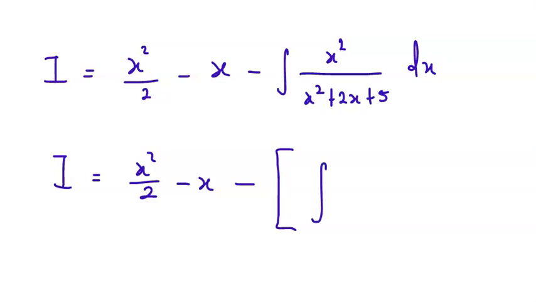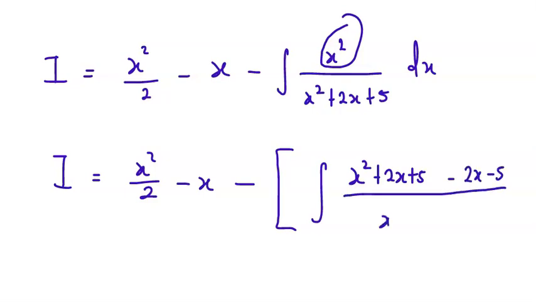So we now have the integral of, in terms of the denominator, x squared plus 2x plus 5. But for us to achieve this, we need to subtract 2x and 5. Then everything is divided by x squared plus 2x plus 5, and then we have our dx.